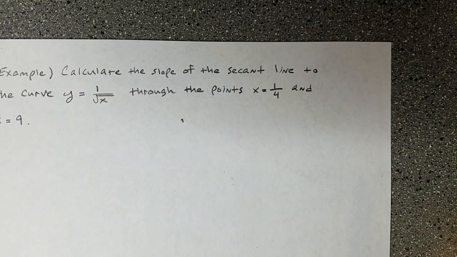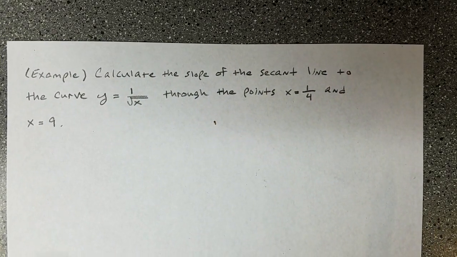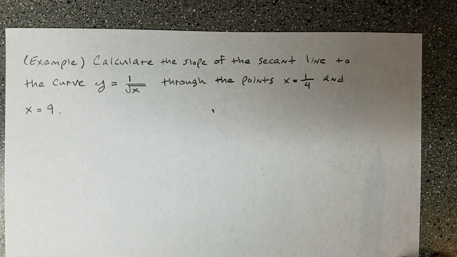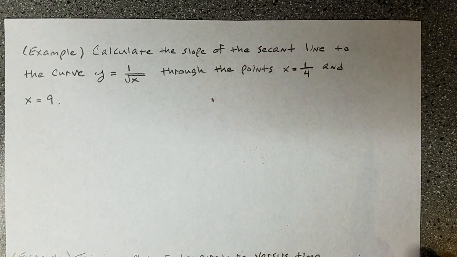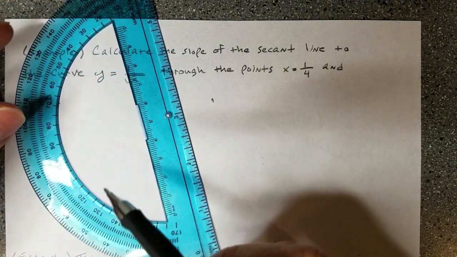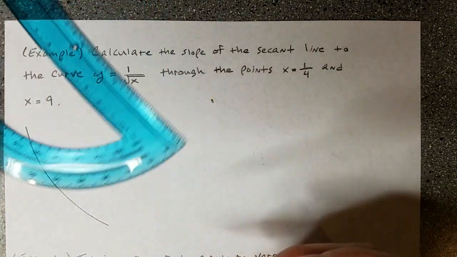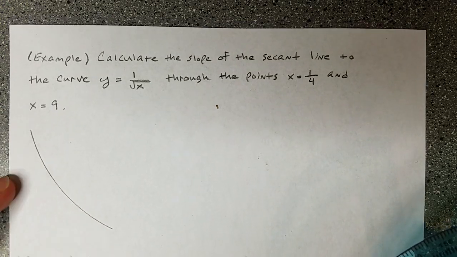What about this one? Calculate the slope of the secant line to the curve y equals 1 over root x that goes through the points where x is 1/4 and x is 9. Now we can just straight away start doing the math if you want to. It's up to you. But I'd say that curve looks something like this.